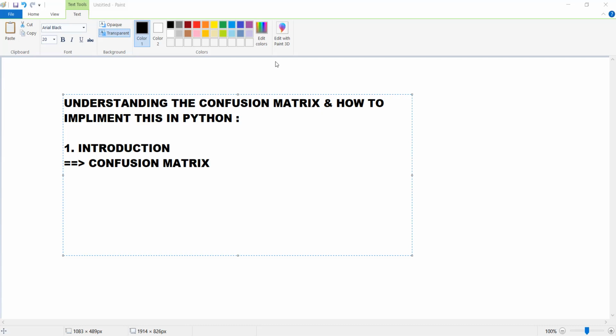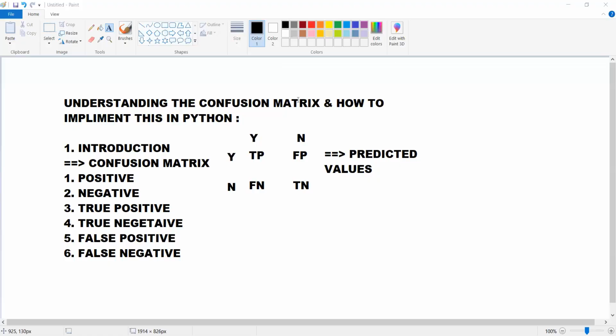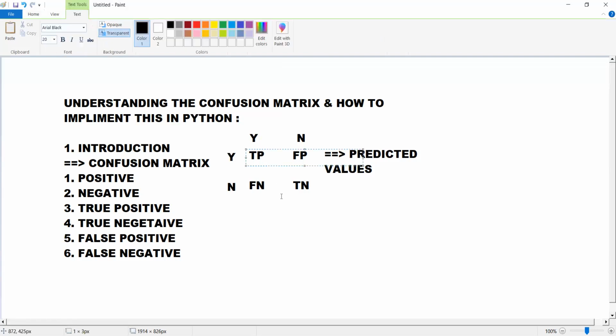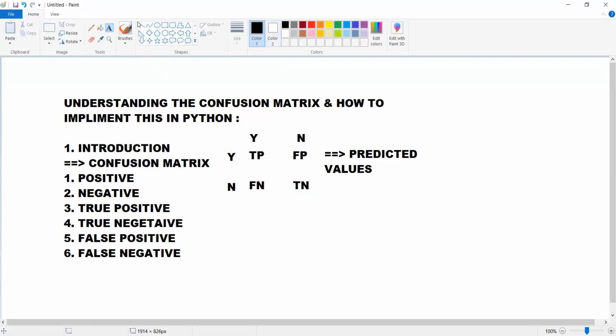And this is the chart of the confusion matrix. You can see on my screen, I have written down what is the positive point, what is the negative point. You must focus on these specific topics so that you will understand.